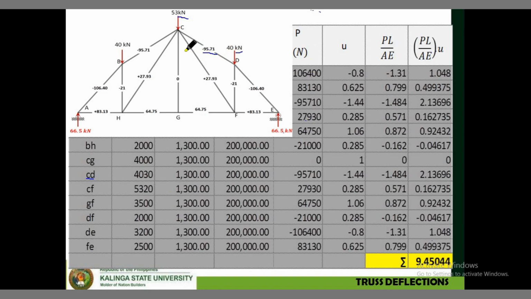Now, dito sa table, yung aking P, kinonvert ko siya sa newtons. Kaya si CD na 95.71 kilonewtons, kinonvert ko siya into newtons, kaya naging 95,710. Same with CF. My CF in this diagram is equal to 27.93 kilonewtons. Nung nilagay ko na siya sa table, ginawa ko siyang newtons, kaya 27,930.